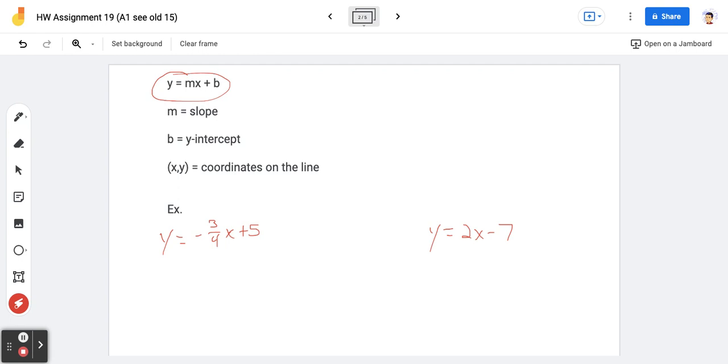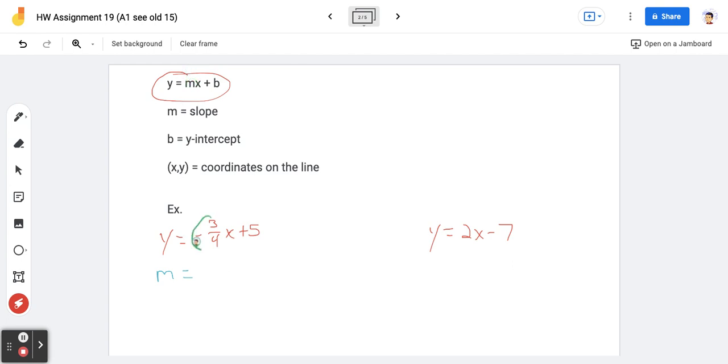All right, so two examples we'll run through here. So we have y is equal to negative 3/4 x plus 5. Let's see if we can identify the slope and the y-intercept. So let's take a look at the placement of our equation. Take a look at where everything is placed, and let's see if we could find things here. So let's ask first, what is our slope? Well, our slope is that coefficient of x, which is our m value, right?